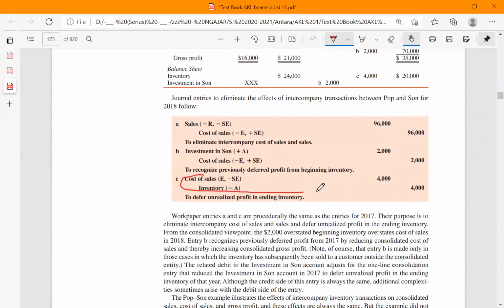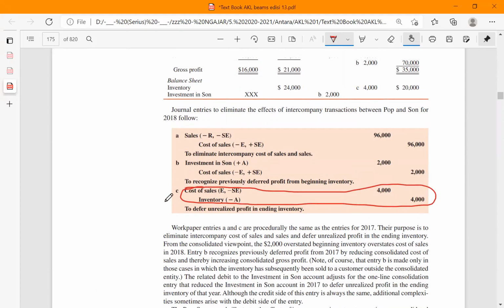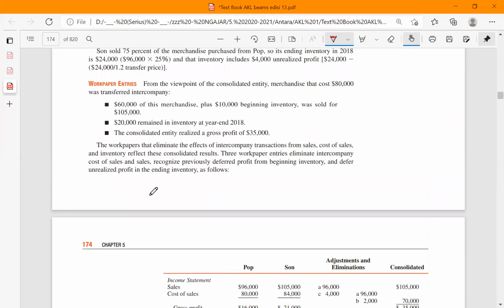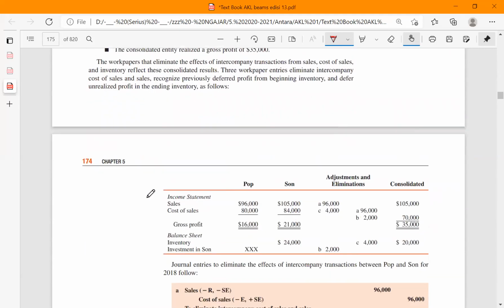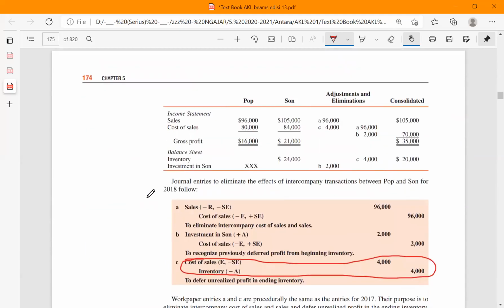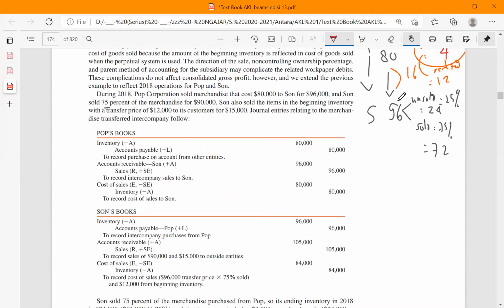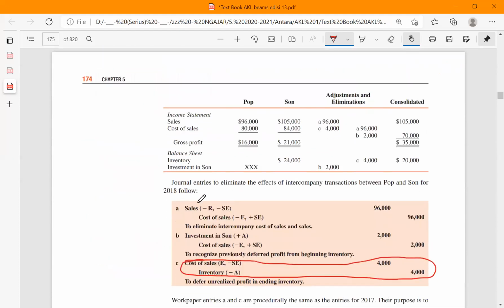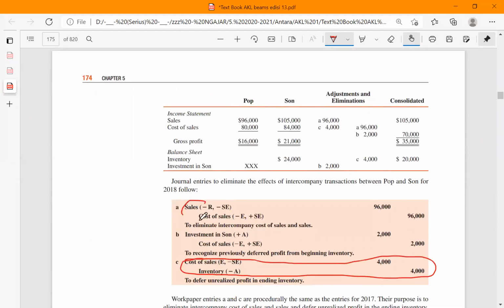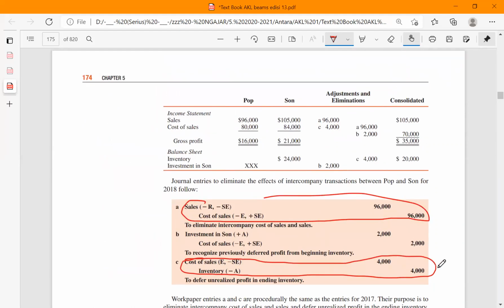Okay, this is not the third journal entry. I just want to tell you that this is the same issue. And also don't forget to journalize the elimination of intercompany sales and purchases by journalizing the transfer pricing. This is the transfer pricing we have to eliminate by journalizing sales on COGS. So this is the first and the second journal entry.